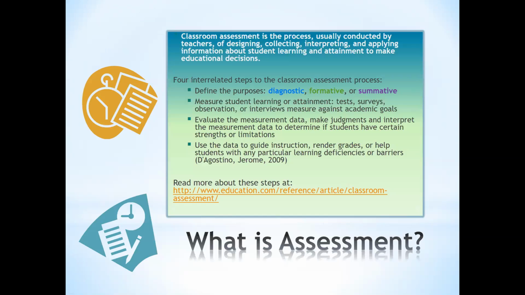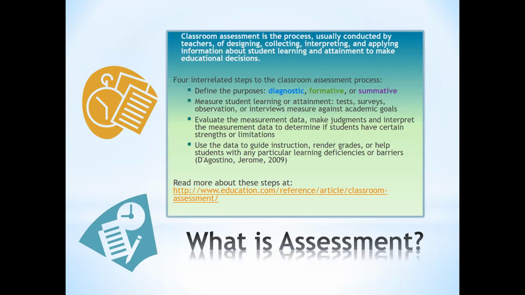There are 4 interrelated steps to the classroom assessment process. Define the purposes of the assessment. Is it diagnostic, formative, or summative? Measure student learning or attainment. Tests, surveys, observation, or interviews measure against academic goals.